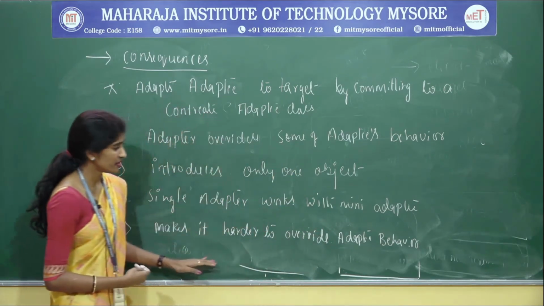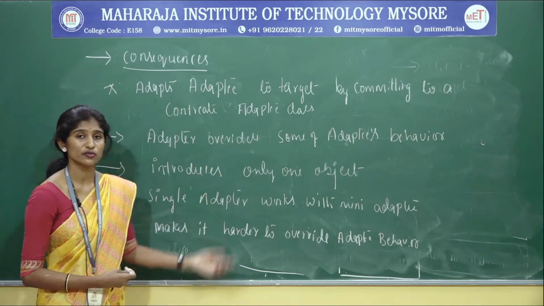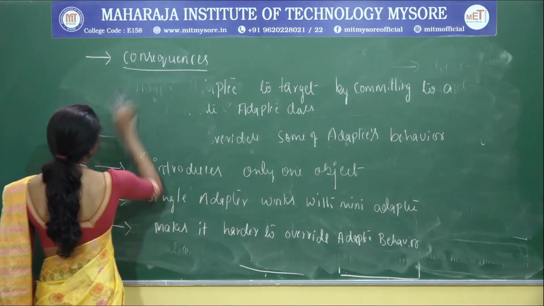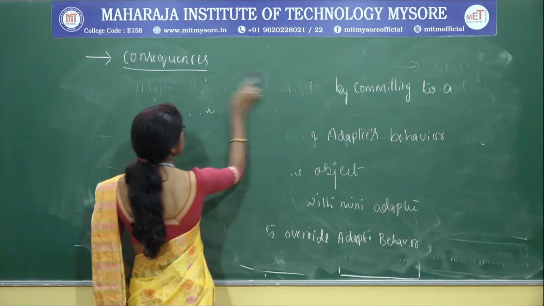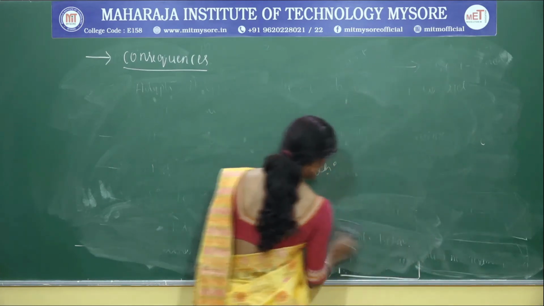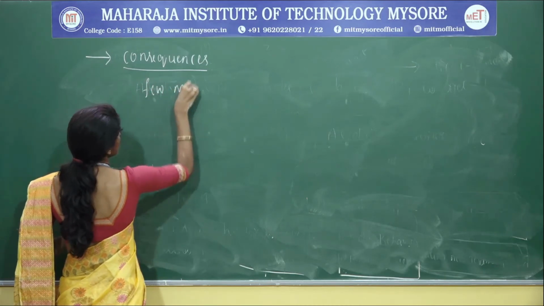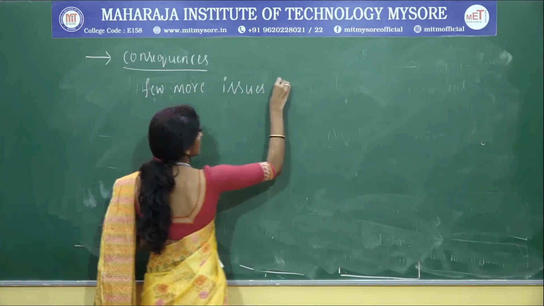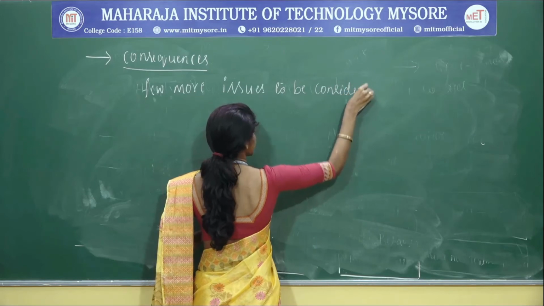Apart from this one, we have got a few more drawbacks or consequences to consider, so we'll see those also. Few more issues to be considered apart from these consequences points.